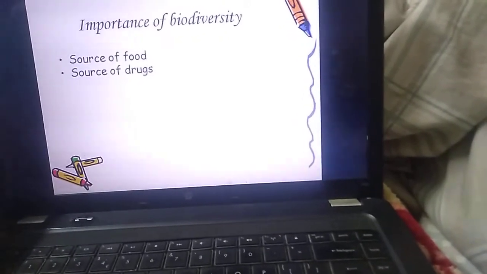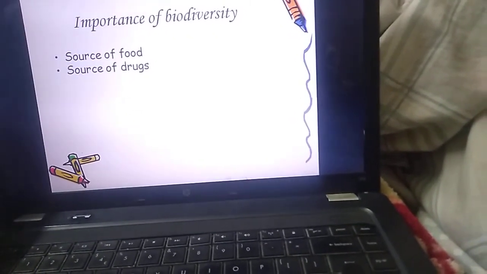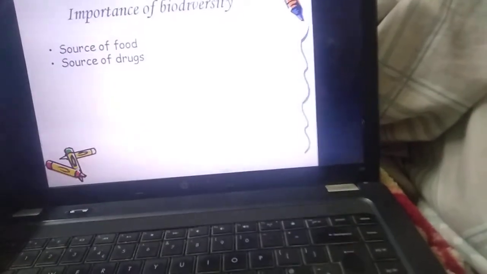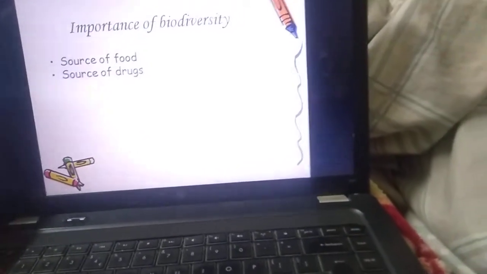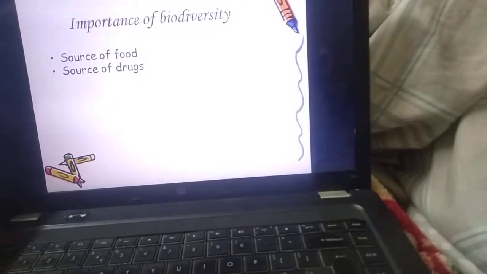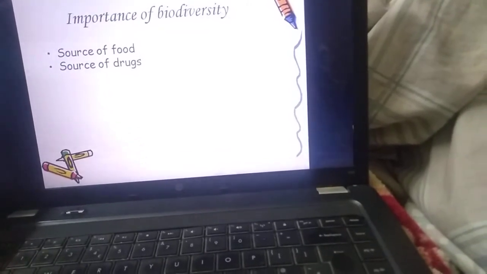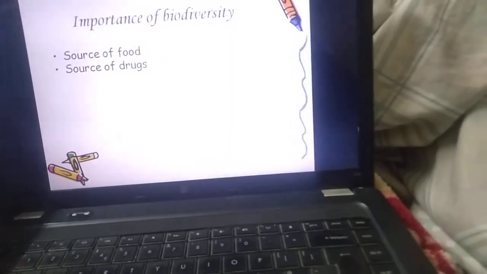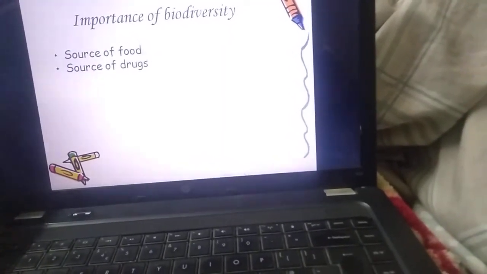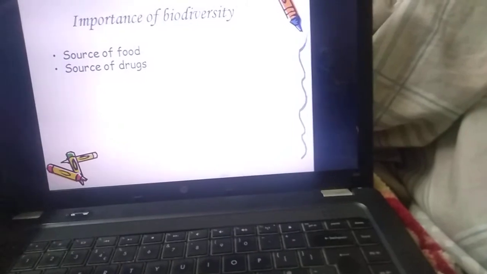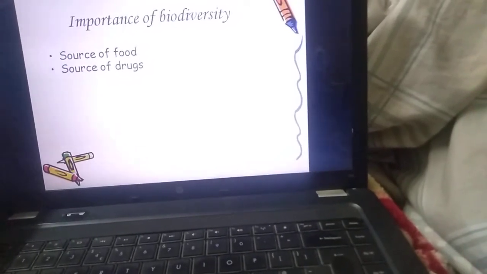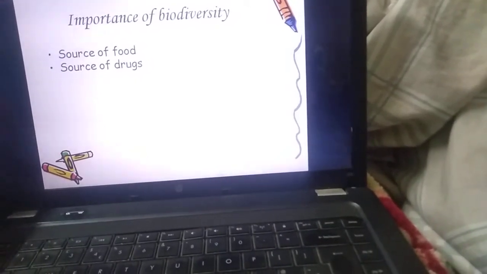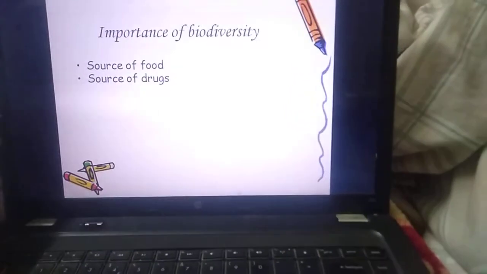A significant proportion of drugs are obtained directly or indirectly from biological sources. Significant proportion means a large amount of drugs are obtained from plants directly or indirectly.